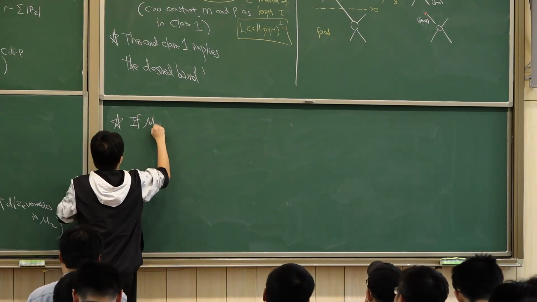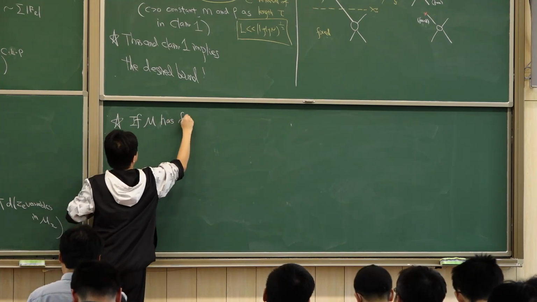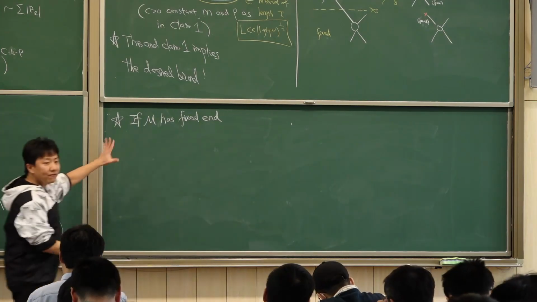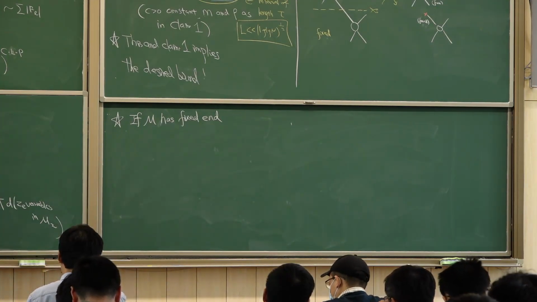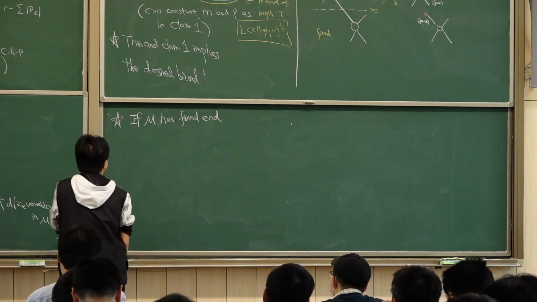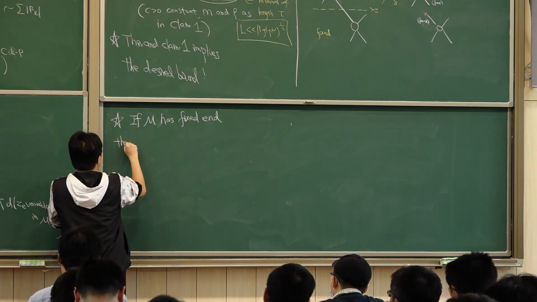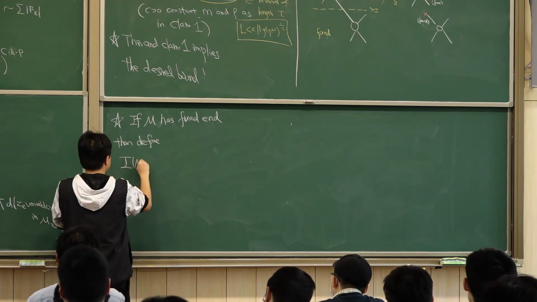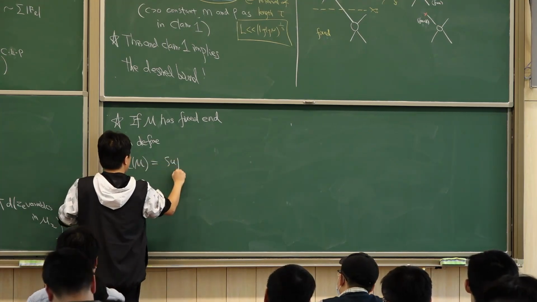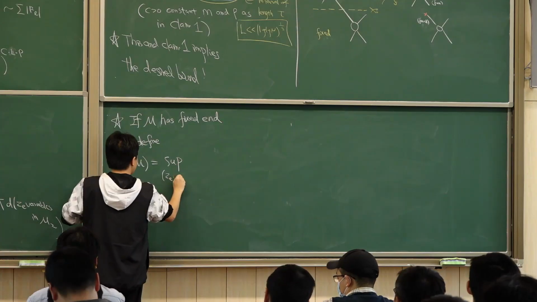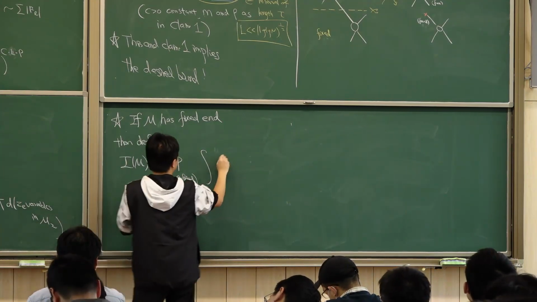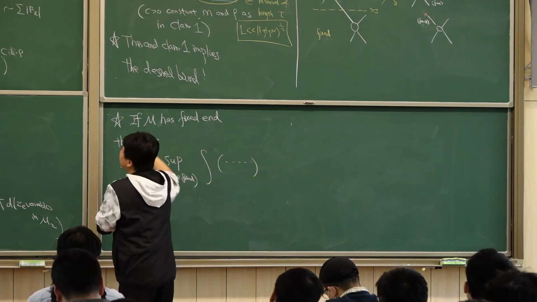If M has fixed ends, in the beginning M has no fixed ends, because in the beginning there's no cutting. Then define I_M as a sup over Z_e for all fixed ends of the integral of exactly the same thing we have in the definition of I_M.